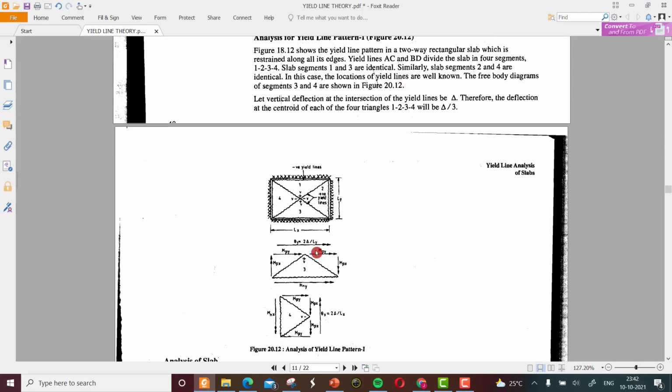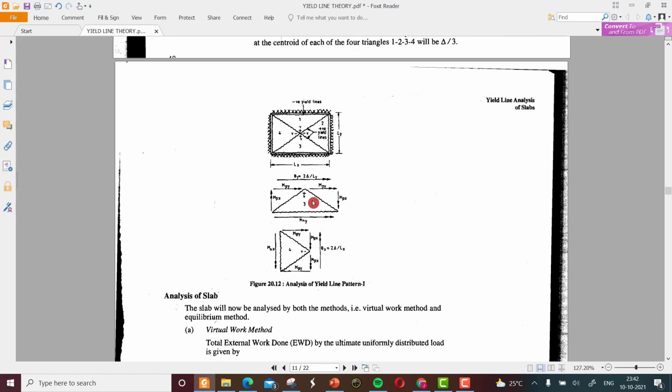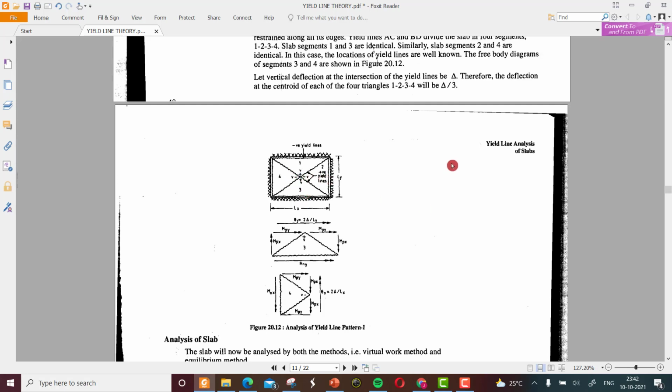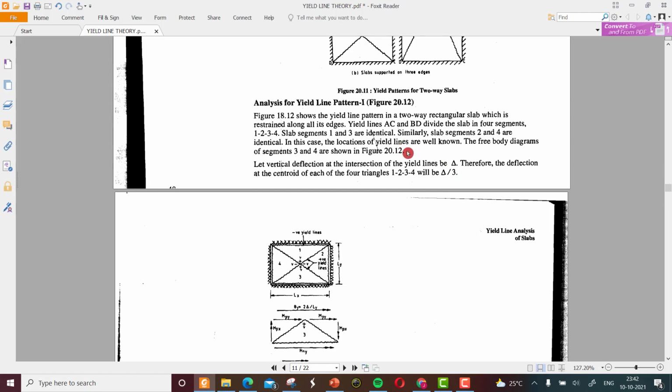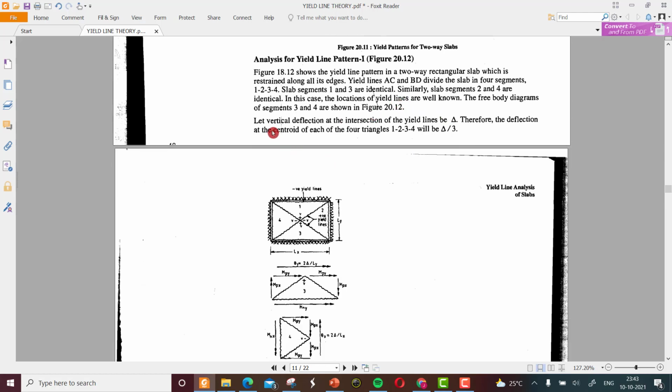The free body diagrams of the different segments are given here. One thing to note is that 1 and 3 are identical and 2 and 4 are identical. So we need to find only for either 1 or 3 and 2 or 4, and we can multiply by 2.